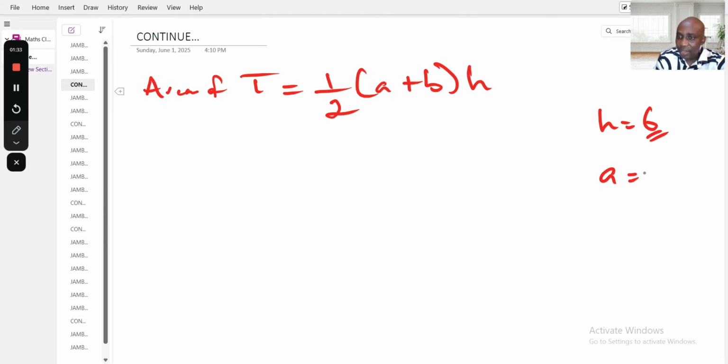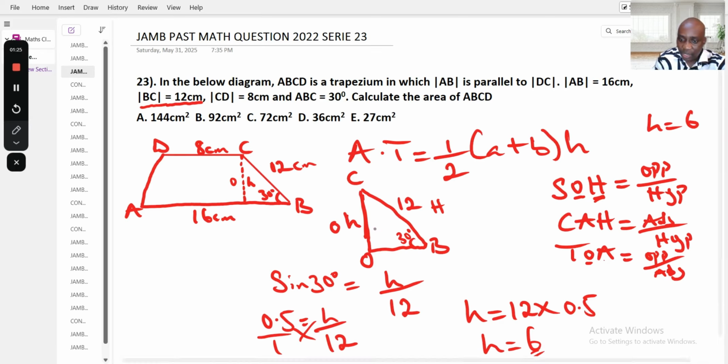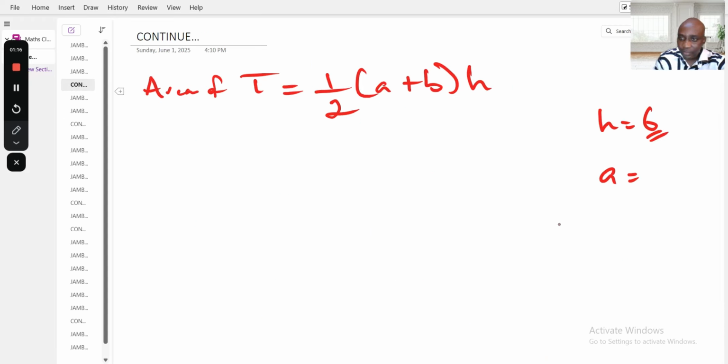What is our a? Let me go back, our a is 8 at the top. Our b is 16.